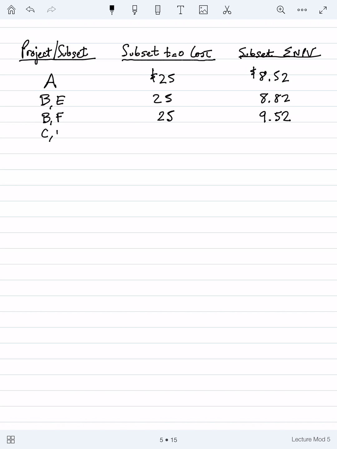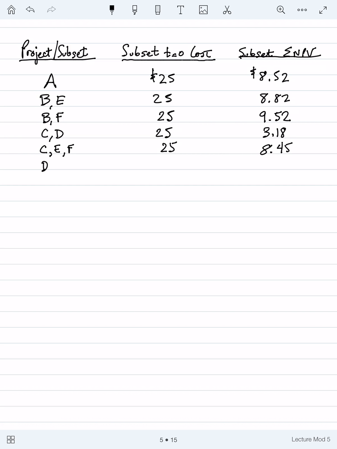Let's go and look at C and D. I could buy C and D at a cost of 25 million. And you'll see that generates new shareholder wealth at 3.18. We can go back and double check that C, E, and F could be obtained for 25 million. Then add up their net present values. That's 8.45.